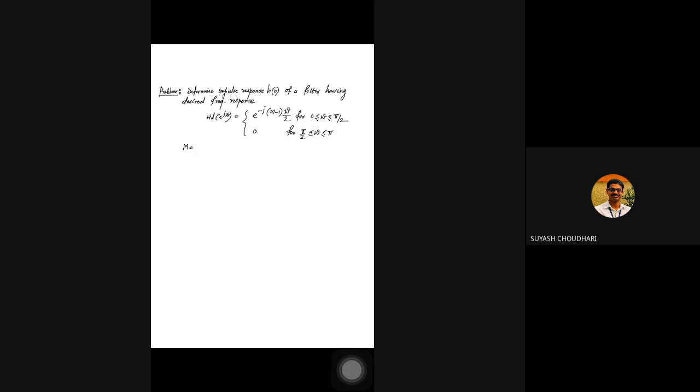M is equal to 7. Use the frequency sampling approach.